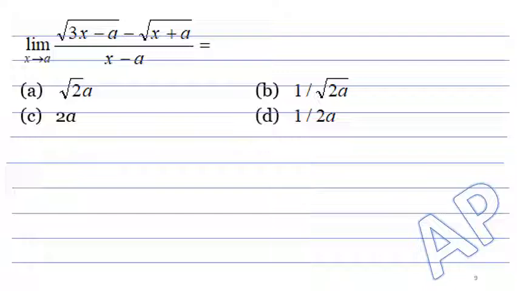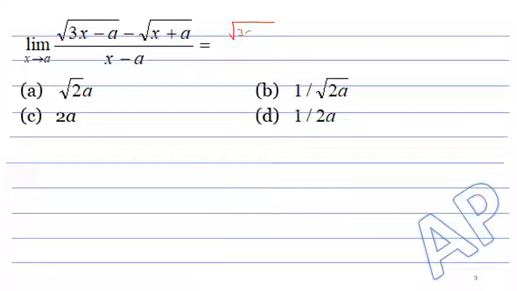Evaluate the limit as x tends to a of root of 3x minus a minus root of x plus a, divided by x minus a. To solve such questions, when you apply the limit directly, let us see what you get.